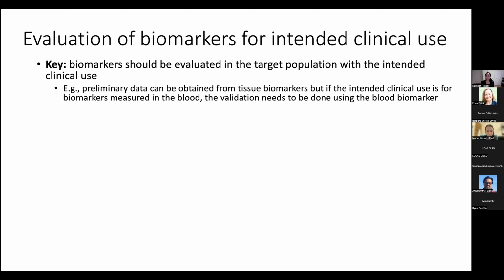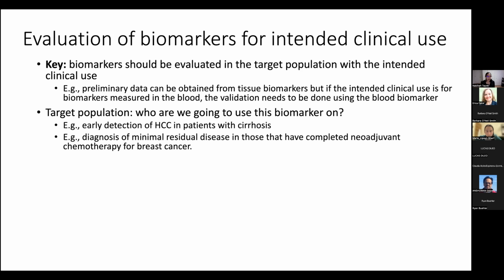Then once you get to the validation stage, you need to transition to the blood biomarker. You can't keep doing the tissue biomarker. You actually need to transition to the intended use of the biomarker. Once again, target population: who are we going to use this biomarker on?